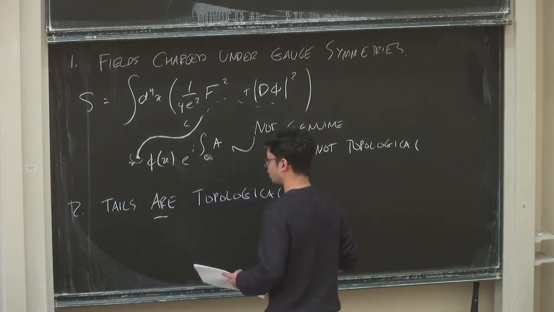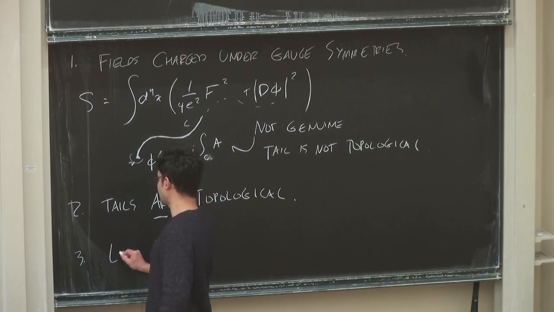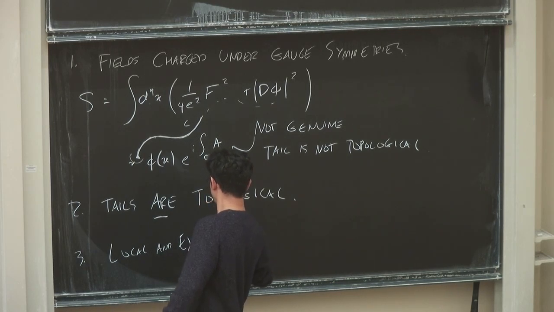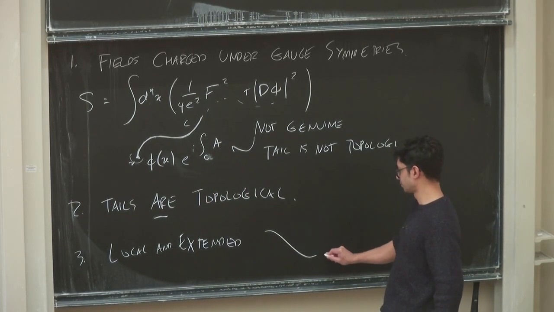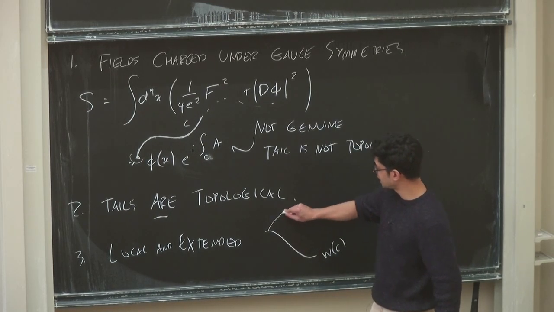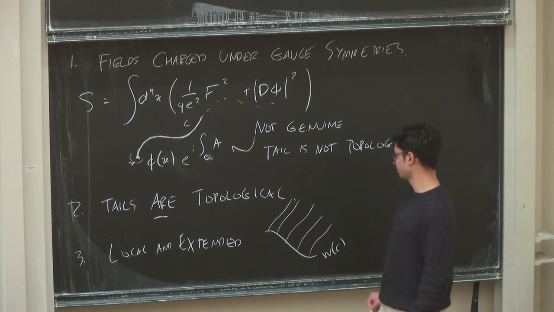And finally, I should mention that this sort of thing can happen both for local and extended objects. So for example, you could have a line operator, okay, that has a tail, where the tail in this case is a surface, okay?